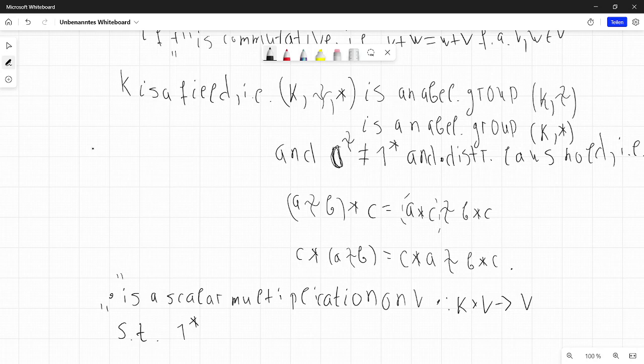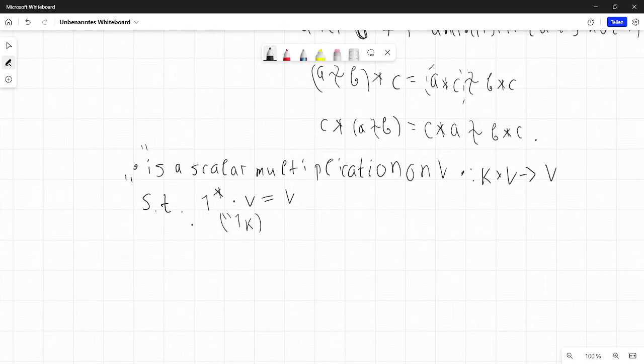I could also call it 1_K because it's the one of the field. So maybe for the future I could write it down like that, and then it's clear that this is the operation of a field. And of course, if I don't write it, for all still means for all. So for all v in the vector space V, right? Just too lazy.